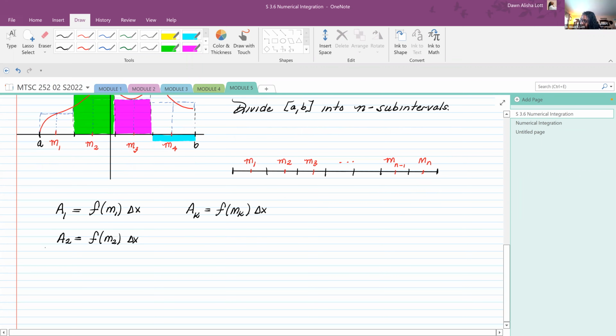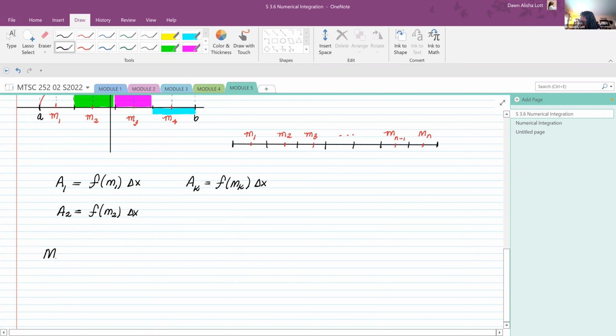So for the midpoint rule, where I have n subintervals and n midpoints, I'm just going to sum these all up. So it is A1 plus A2 plus An.